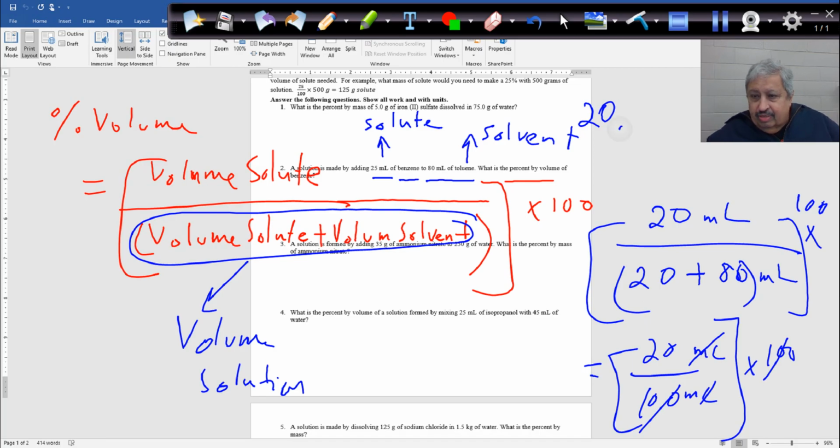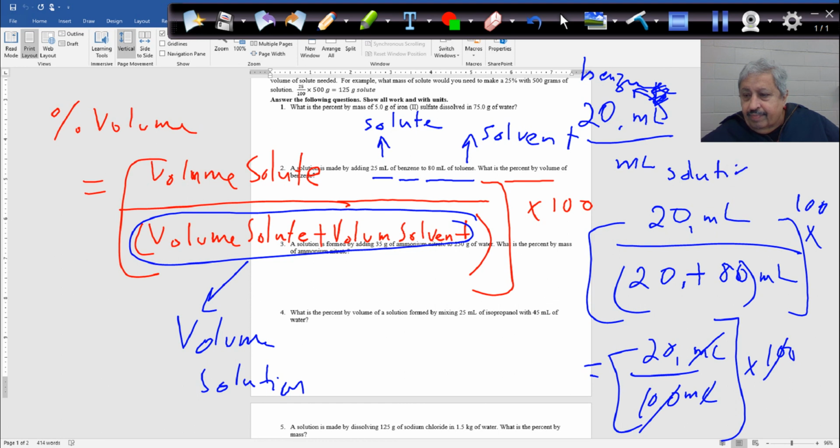I'll put the decimal here for the significant figures. So 20 mL is the solute, which is benzene, and 100 mL is the solution, both solute and solvent.